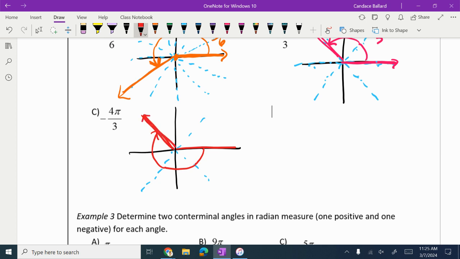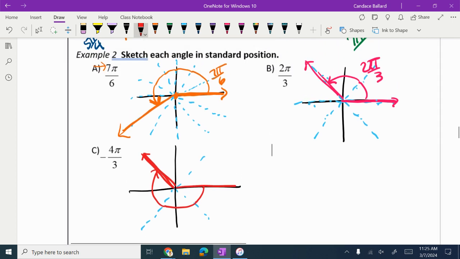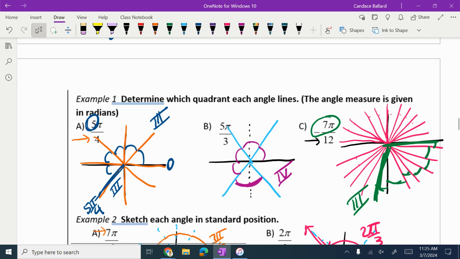Why on the first example were there 6 lines in each quadrant, not 4? Say that one more time. Okay. On the third one, for this example, you made us do the line 6 times in each quadrant. Okay. On this one up here? Yeah.